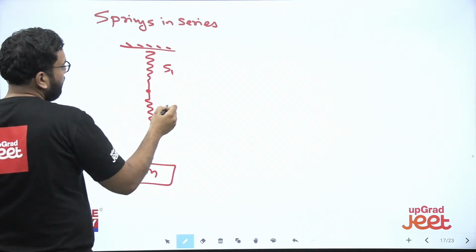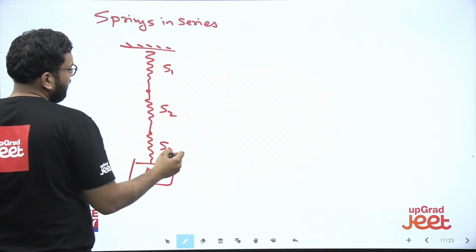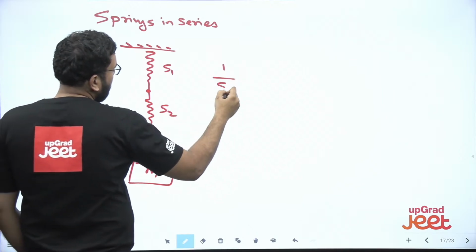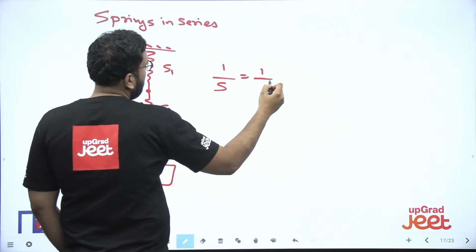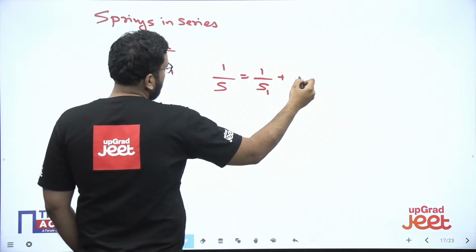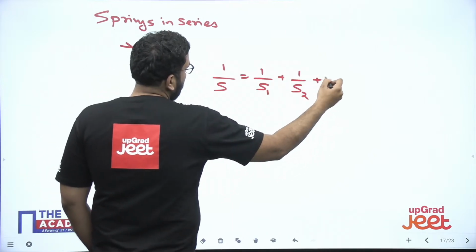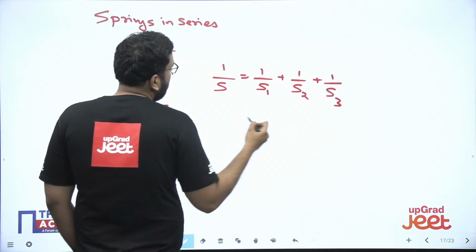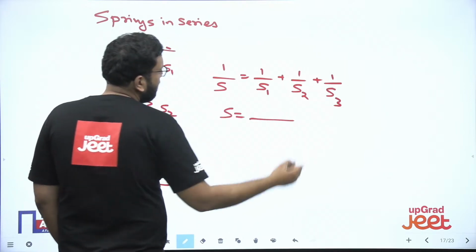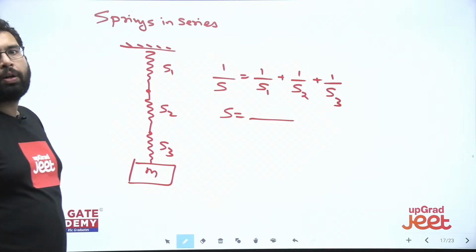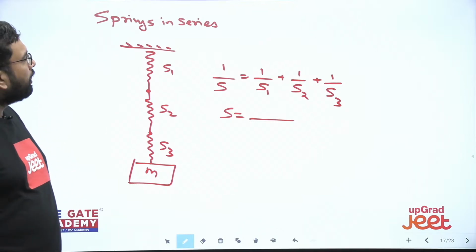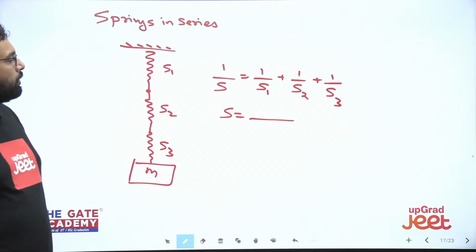If it is S1, S2, and S3, how can you find the equivalent stiffness? You can find it like this: 1 by S equals 1 by S1 plus 1 by S2 plus 1 by S3. This is how you can find your S, right? Any issue? I hope there must not be any issue here.